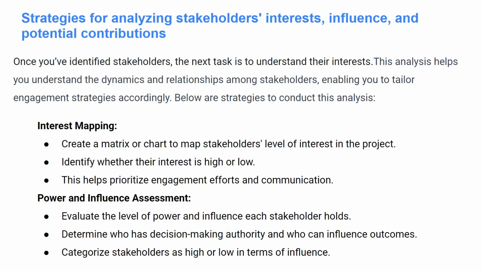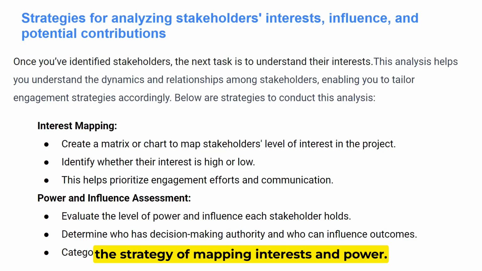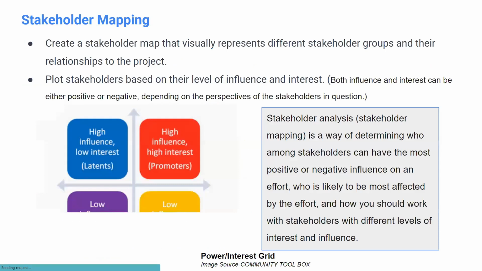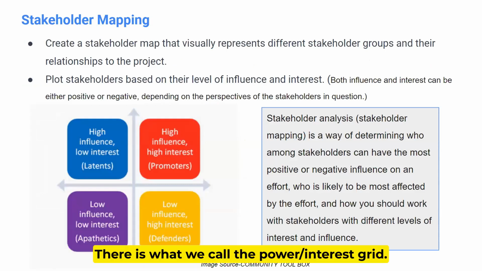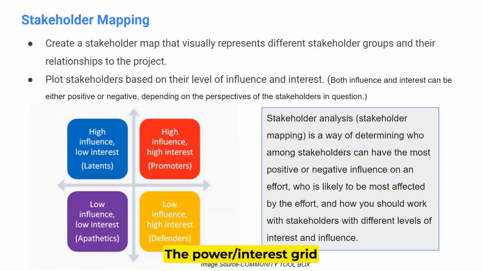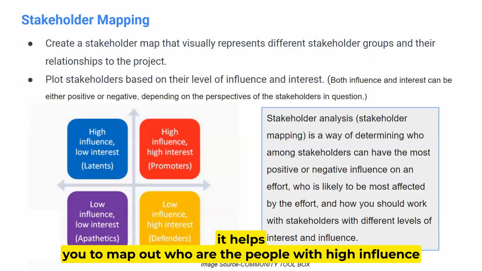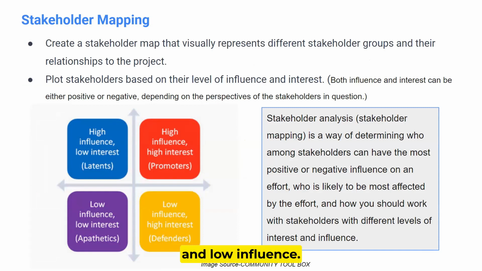Let's look at the strategy of mapping interest and power. Now, there's what we call the power interest grid. The power interest grid is a very important aspect of community engagement efforts because it helps you to map out who are the people with high influence and low influence.